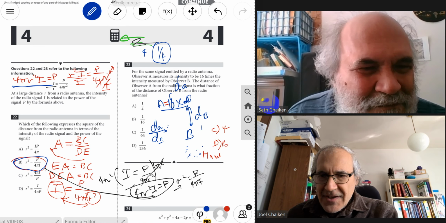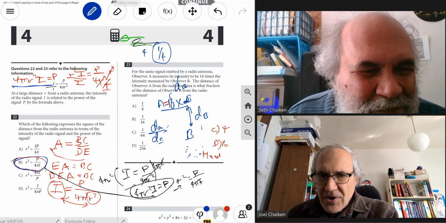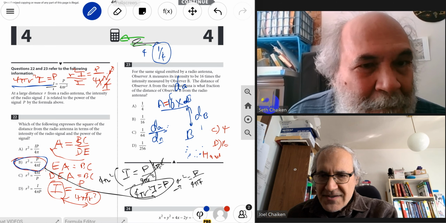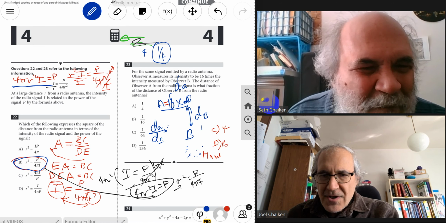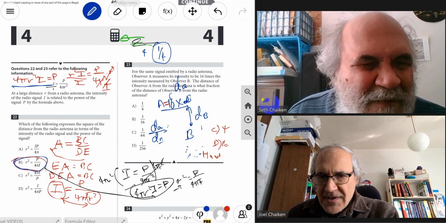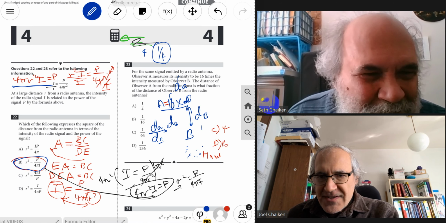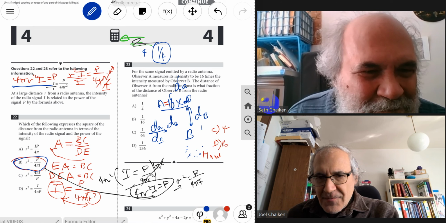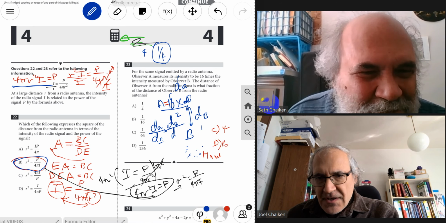So that means we have this relationship, r squared is dA squared. Oh, this comes right out. So we can square both sides. This is dA squared over dB squared, right?